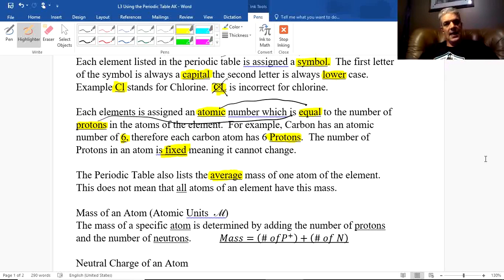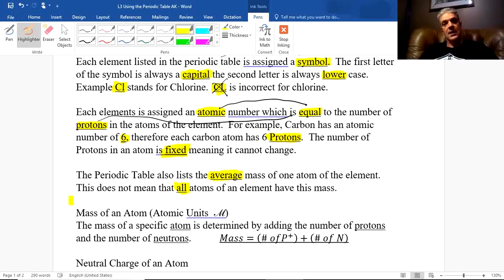And that does not mean that all the atoms of an element have the same mass. None of them might have the mass that's written there, and it also means that not all atoms of a particular element have the same mass.